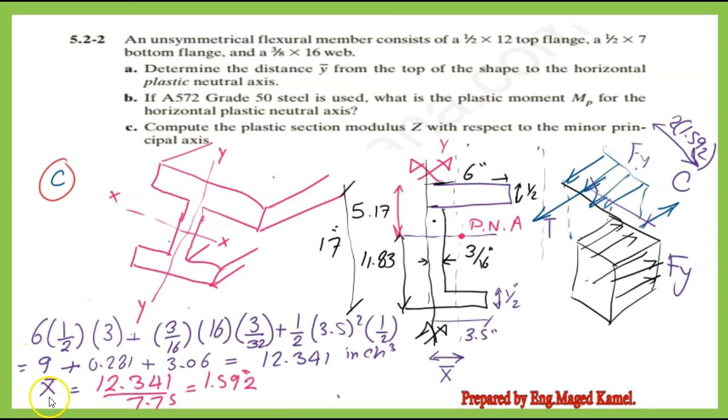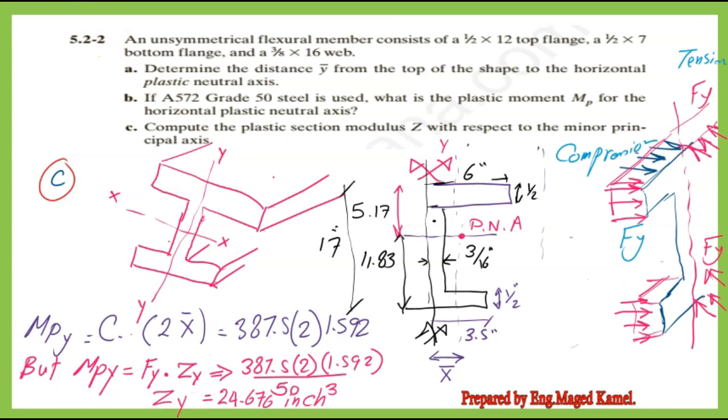We will find that X bar equals 1.592 inches. Finally, we will estimate M sub Y, which is C multiplied by 2 X bar, and then divide by F sub Y. The final value of Z sub Y is equal to 24.676 cubic inches.